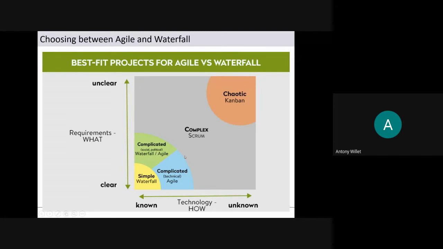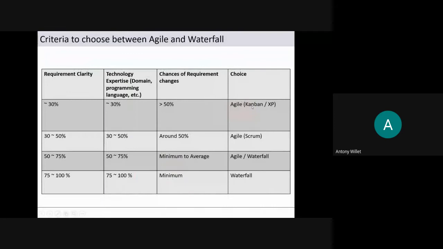Okay. So using this graph, a company or a team can decide what to choose for project execution or project management, either Agile or waterfall. The same graph I have represented in a different way.